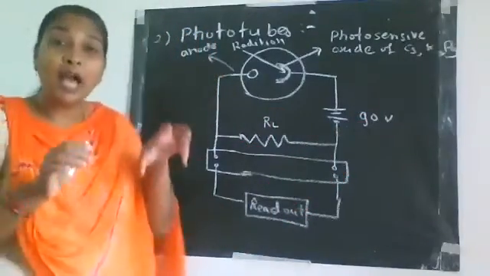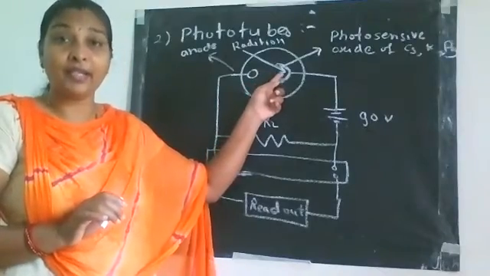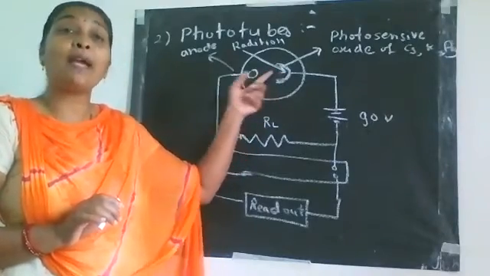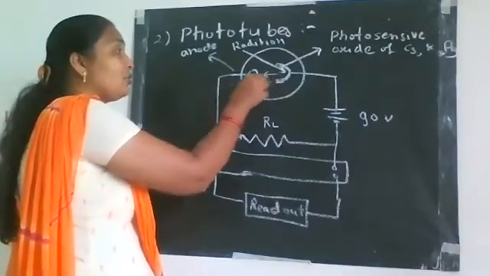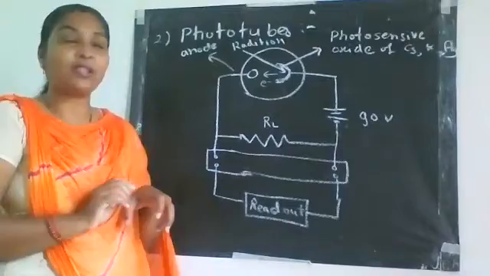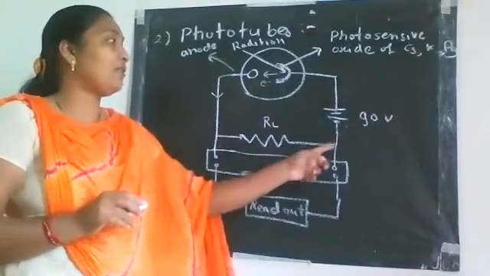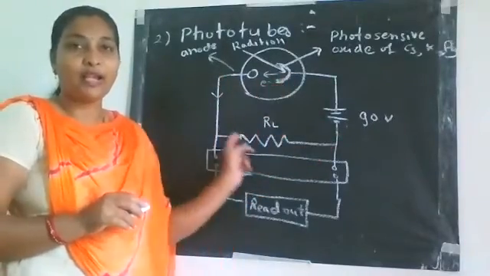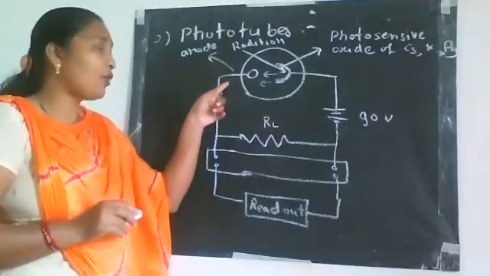Under this high voltage, the electrons liberated at the cathode will migrate towards the anode. The anode collects all those electrons and sends them towards the cathode, so that the circuit gets completed.